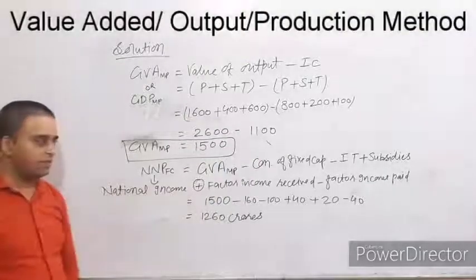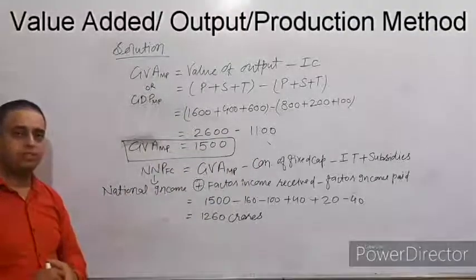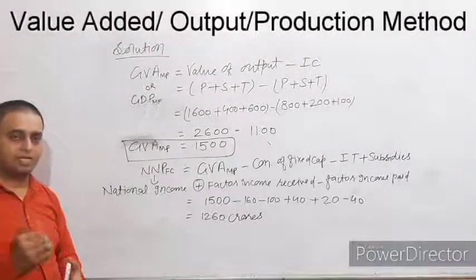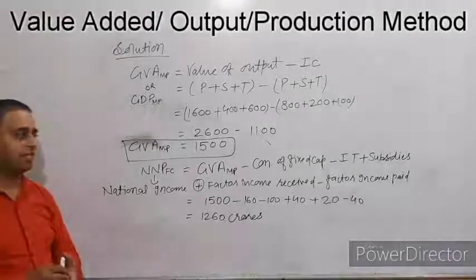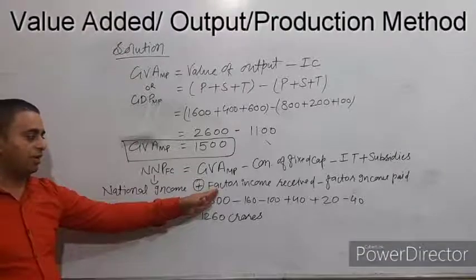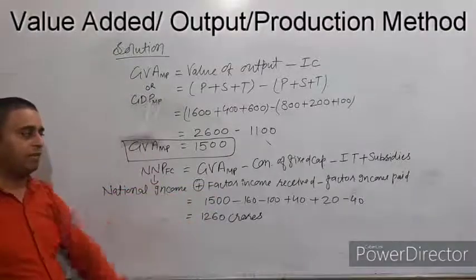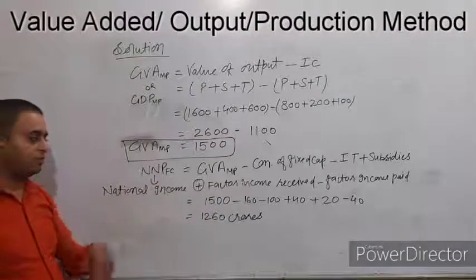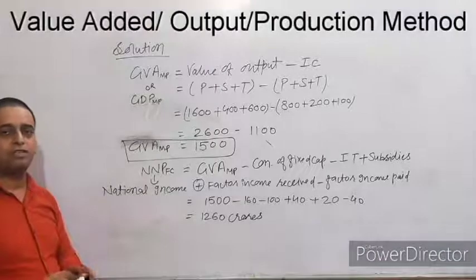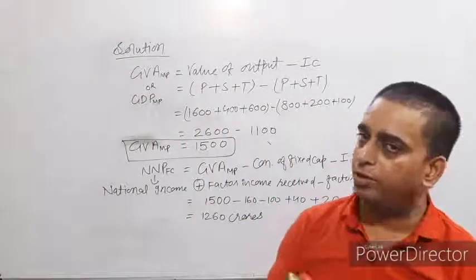Indirect tax is given. Next, we have subsidies. Subsidies mean the relaxation we get, so in that condition we have to add it. Next, factor income received we have to add, and factor income paid we have to subtract. After calculation we can get our result. This is our value added method.